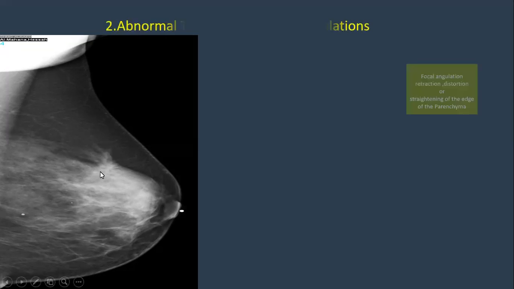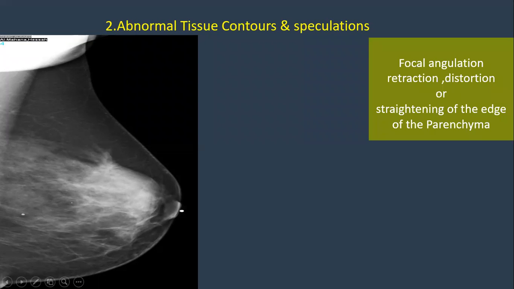This is combined spiculated lines as well as contour deformity. But what about the contour deformity? Previously it was buckling of the parenchyma, retraction of the parenchyma. But here the parenchyma is extending outside. Angulated. Yes.